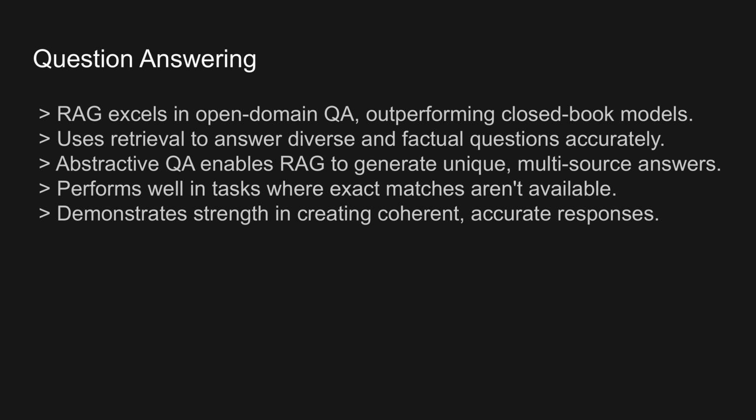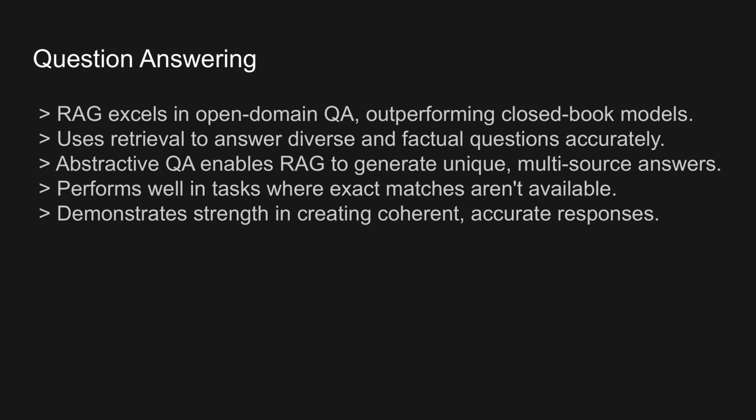The authors used the MS MARCO dataset to test this, a task where RAG had to produce free-form responses based on retrieved passages. Interestingly, in cases where Wikipedia alone doesn't provide enough information to match a reference answer, RAG combines its parametric memory with the non-parametric retrieval to craft reasonable, contextually accurate responses.